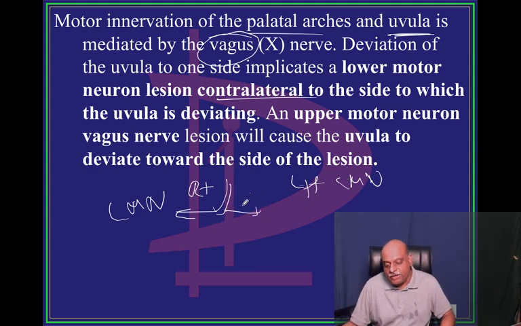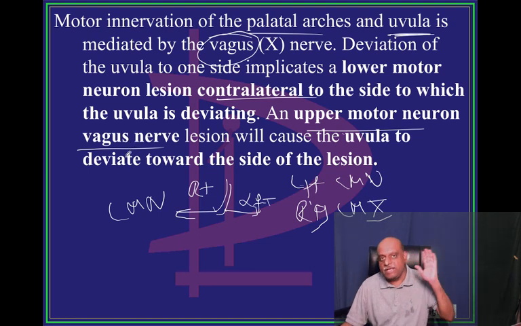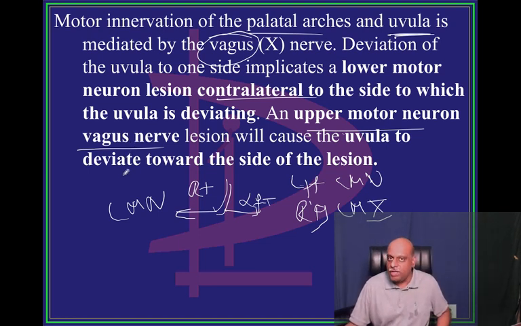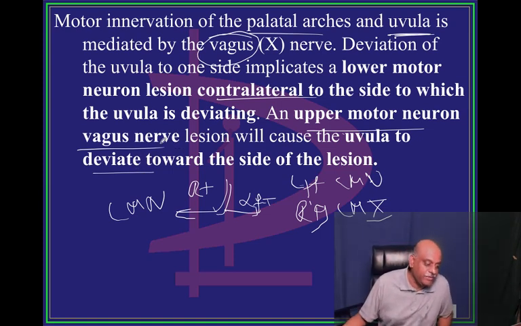If the uvula is deviating towards the left side, then there is a right LMN type of 10th cranial nerve palsy. Whereas an upper motor neuron vagus lesion will lead to the uvula deviating towards the side of the lesion. That is what you need to remember.